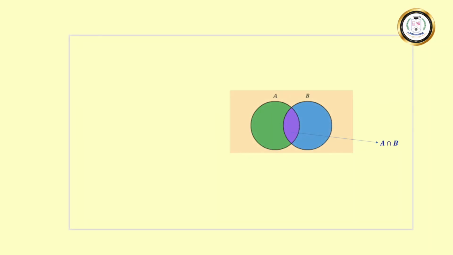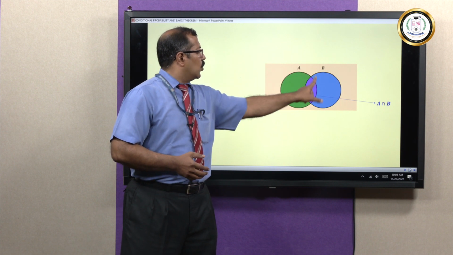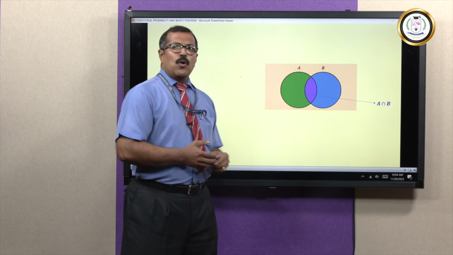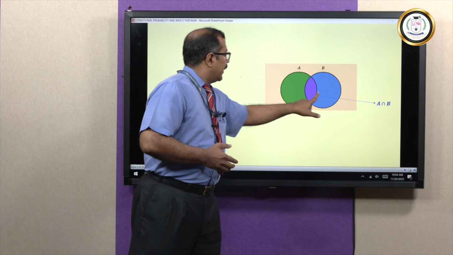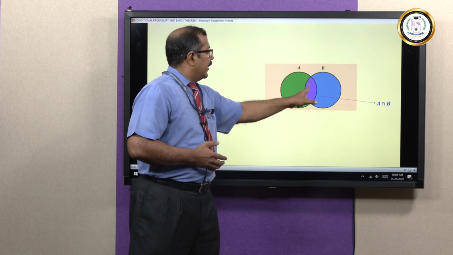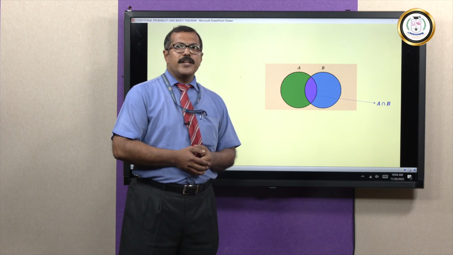We can easily see from the diagram that B has already happened, it is given. So, our focus shifts from the entire region to this circle of B alone. Within this, we want A also to happen. So, this is possible in A intersection B. So, this violet region divided by the total circle of B will be our probability ratio.